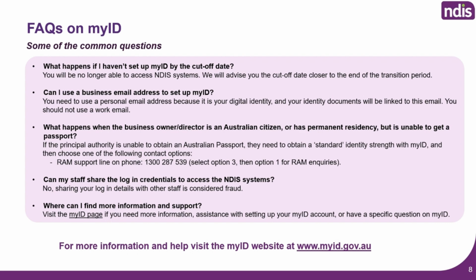If the business owner is unable to obtain an Australian passport, they will first need to get to standard identity strength and then contact the RAM support line for next steps and further guidance. Note the phone number for the RAM support line is on the slide. Can my staff share the login credentials to access the NDIS systems? No. Sharing your login details with other staff is considered fraud.